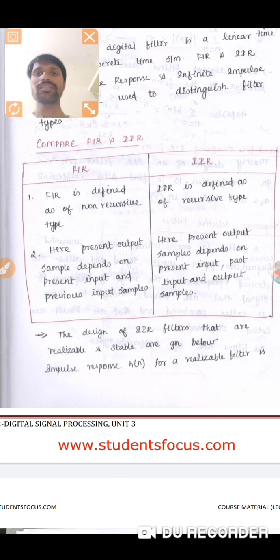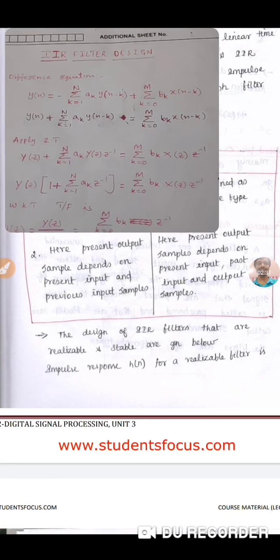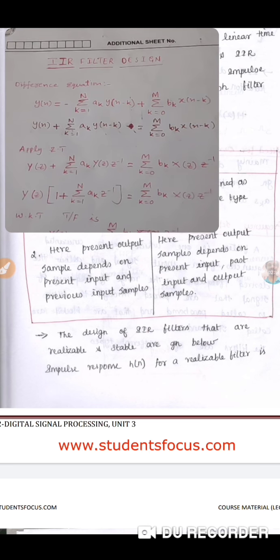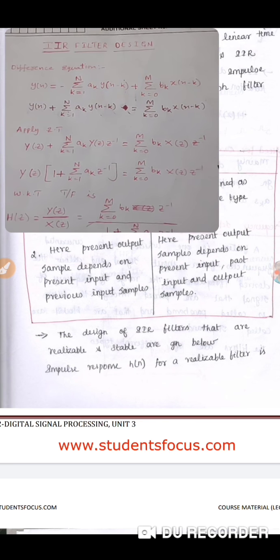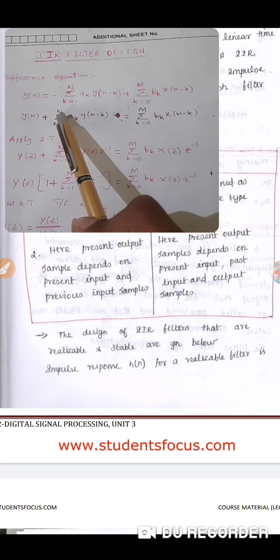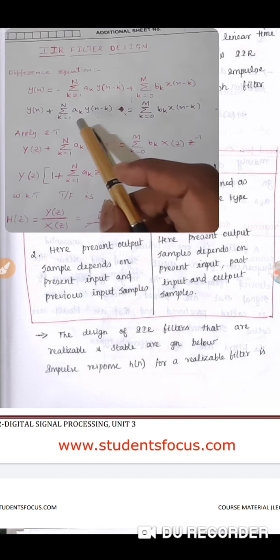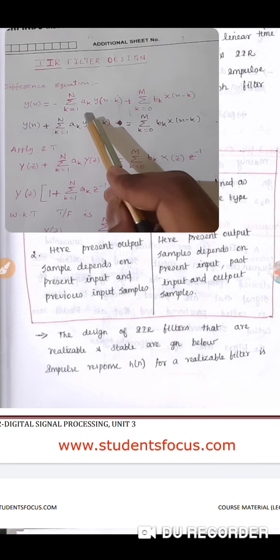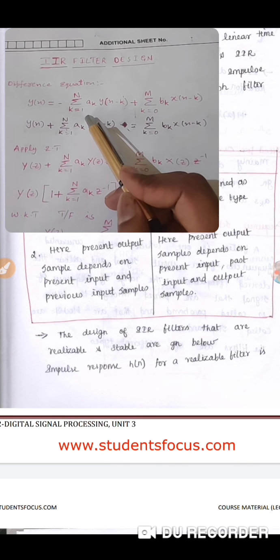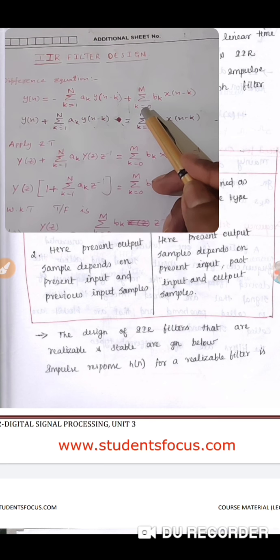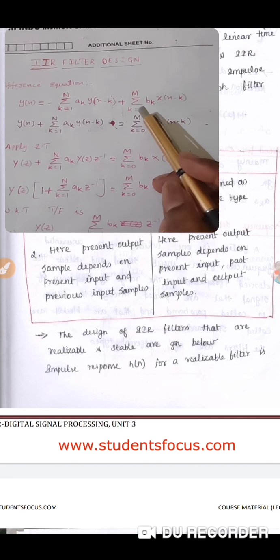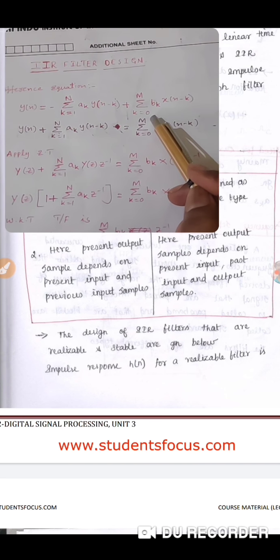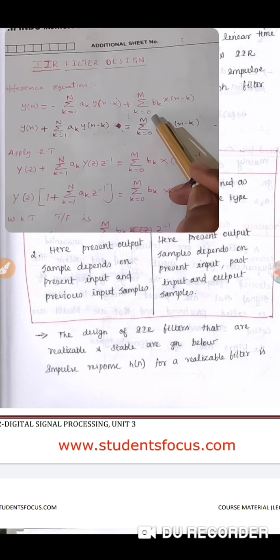If you look at the difference equation of any system, where y of n is the output of the system, the first term, summation k equal to 1 to n ak into y of n minus k, is the previous outputs of the system, and summation k equal to 0 to m bk into x of n minus k shows the present and previous inputs of the system.